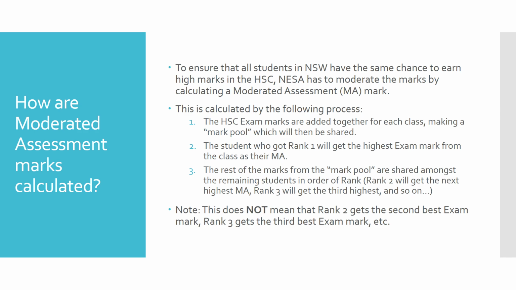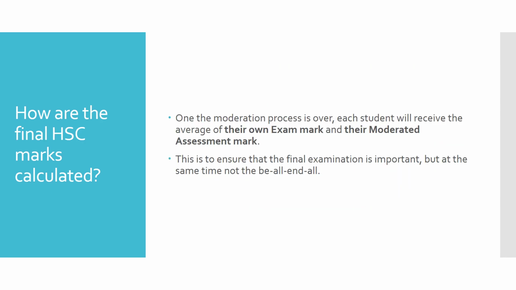So if rank 1 and rank 2 were only 1 mark apart, the moderated assessment mark is going to have only a very small difference as well. And if there was a massive gap between 2 and 3, there'll be a massive gap in the moderated assessment mark as well. That's where the differences I mentioned earlier come in. It's all based on rank, and the differences in the school assessment mark play a factor, but the school assessment mark itself does not play a factor in this at all.